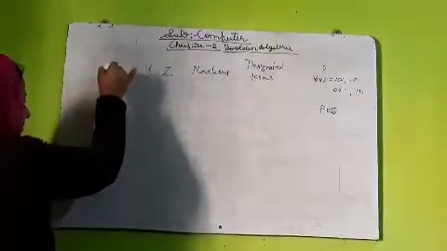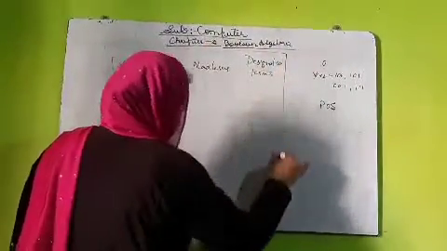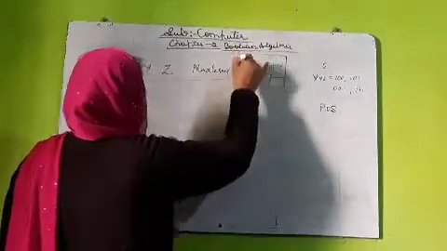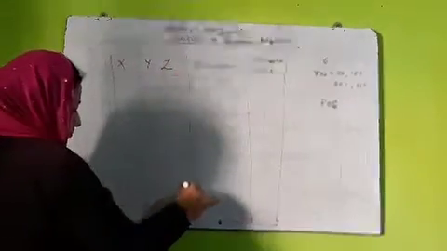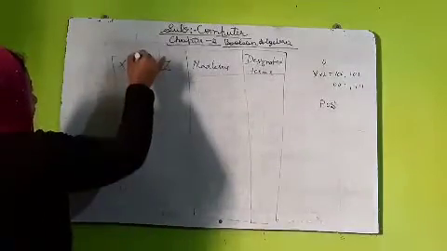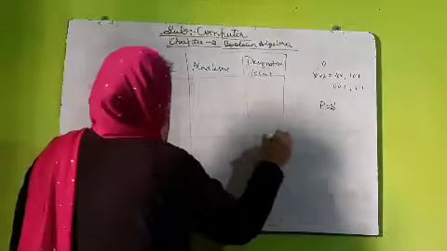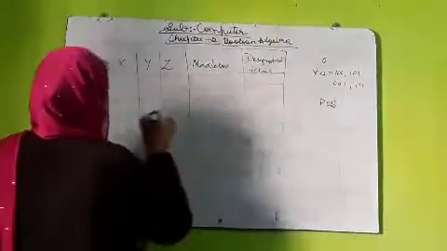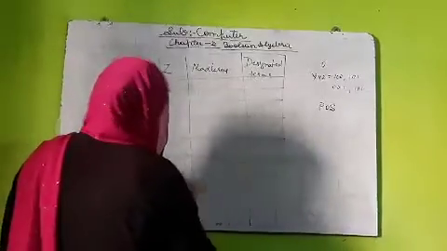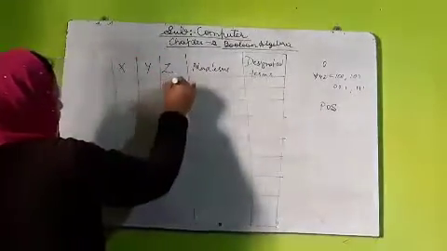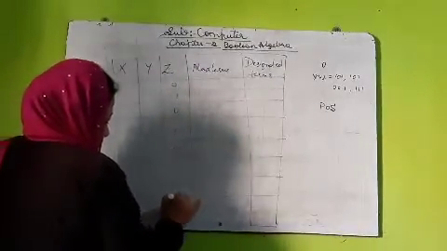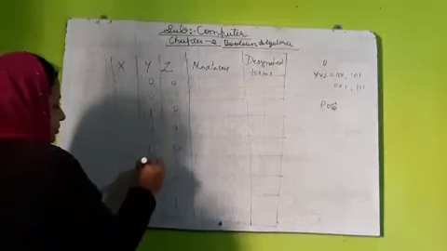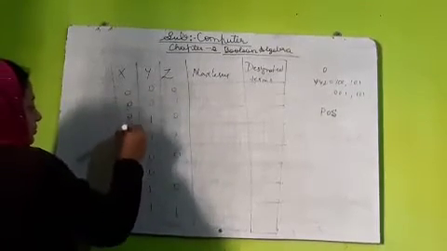Okay, as there are 3 variables, Z will be 010101, Y will be 2 zeros 2 ones, 2 zeros 2 ones and X will be 4 zeros 4 ones.